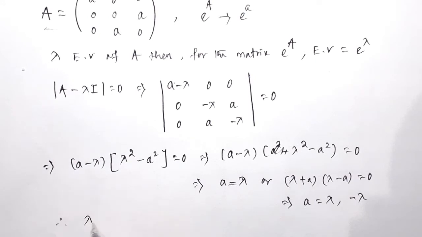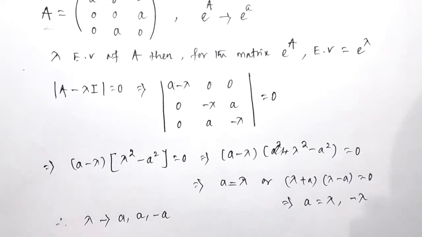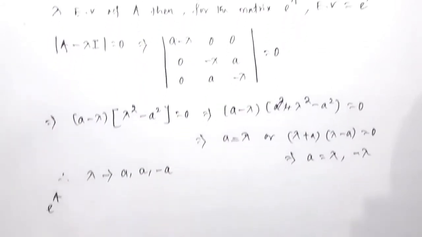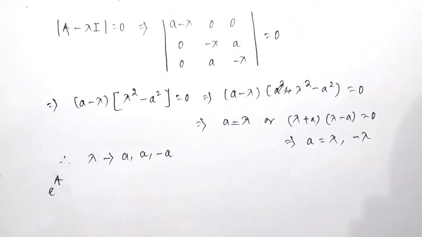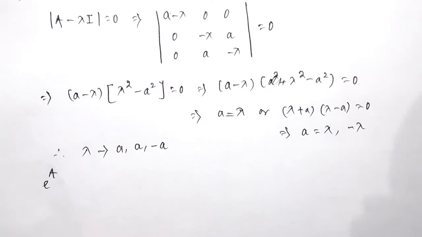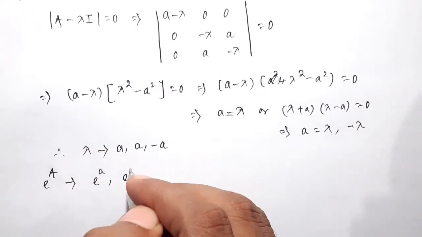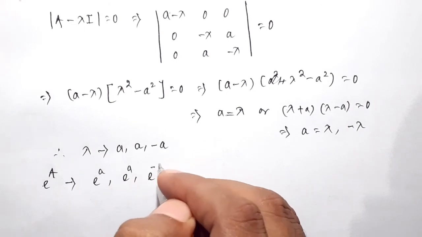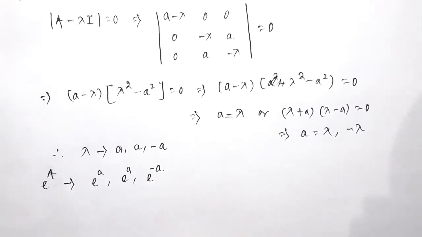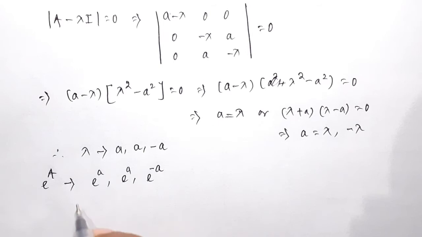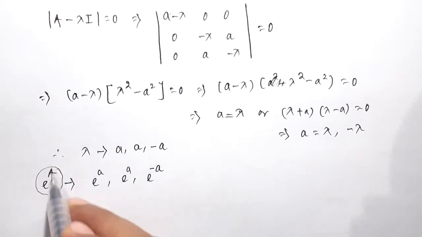So what are the values of lambda? Lambda is a and minus a. So the eigenvalues corresponding to the matrix e to the power A are e to the power a, e to the power a, and e to the power minus a.